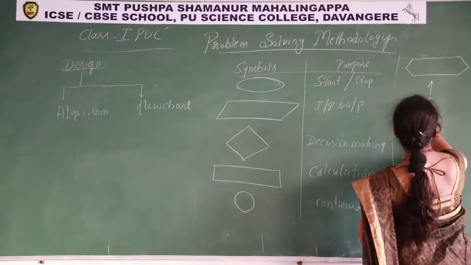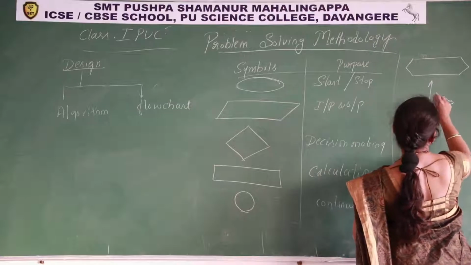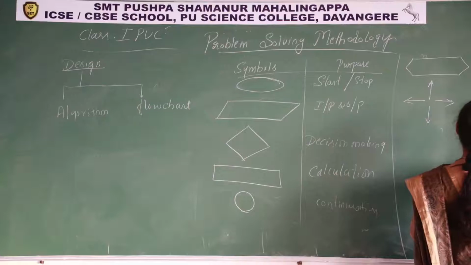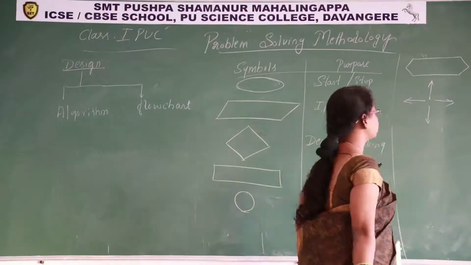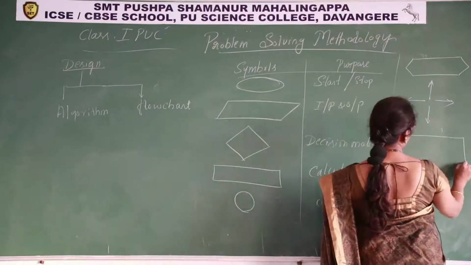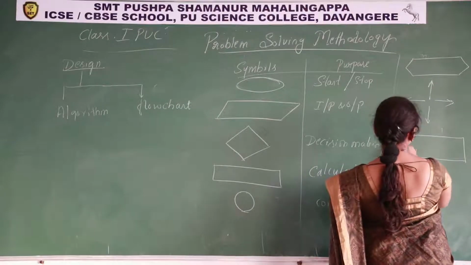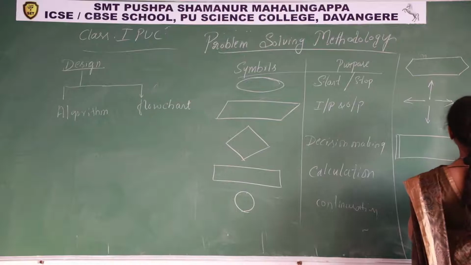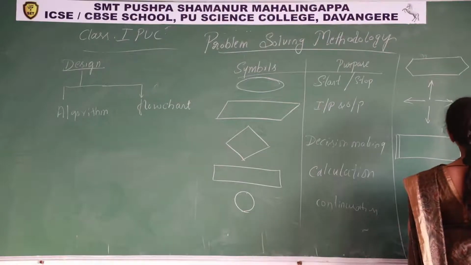Arrows, data flow. And double-ended rectangle, module.